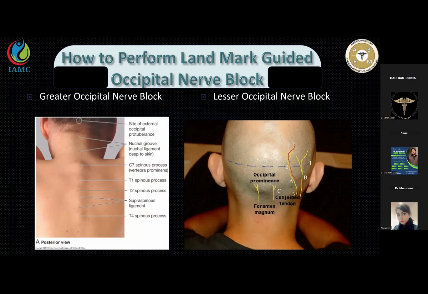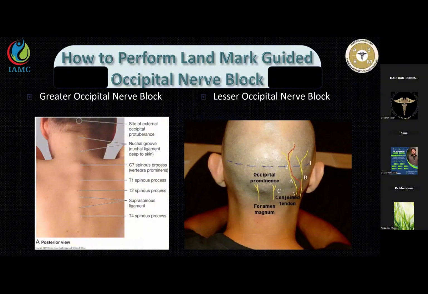If you see my cursor, this is the occipital protuberance. And then there are nerves lateral to that. If you want to map it, you can map it. The problem with landmark guided occipital nerve block is that all patients have hair on their head, so it is difficult to mark it. But it's not that difficult to go with that.